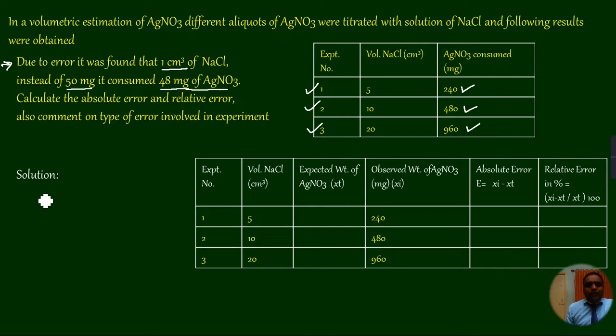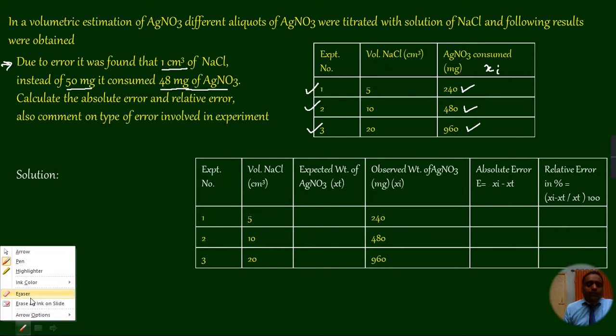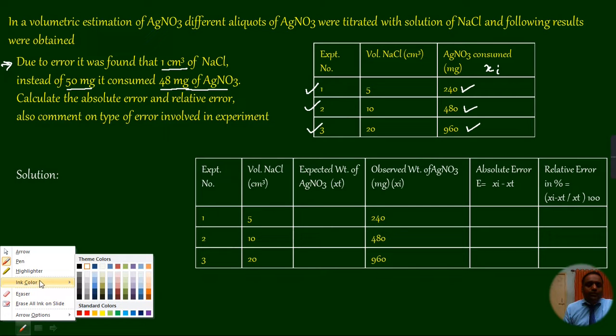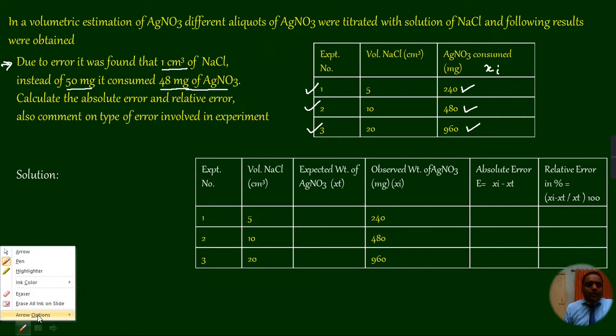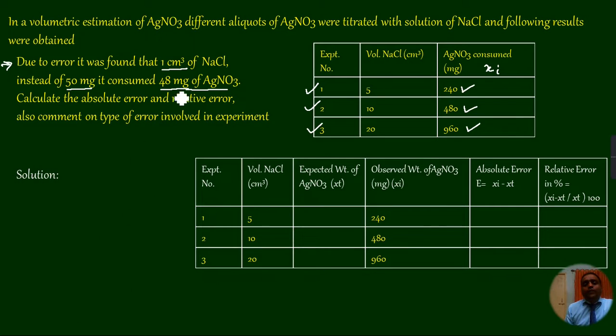Now we have to first find what the true value is in this case. These are all xi values, that is observed values, and we need to find out xt, that is the true value.